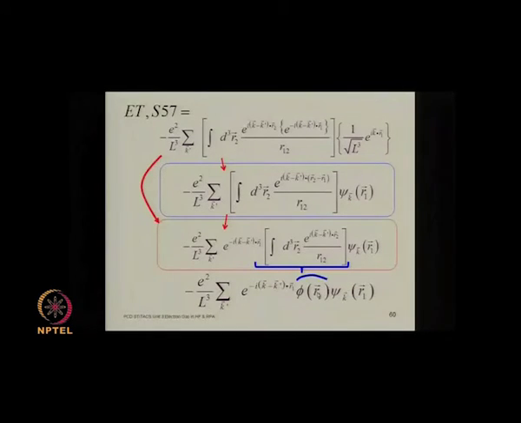Okay? It has nothing to do with R2 because R2 has got integrated out, and now this exchange term is written as minus e square over L cube sum over k prime e to the power minus i (k minus k prime) dot R1. Then there is some function which is essentially this, which is a function of R1 alone, not a function of R2, and then you have got the orbital psi k of R1.